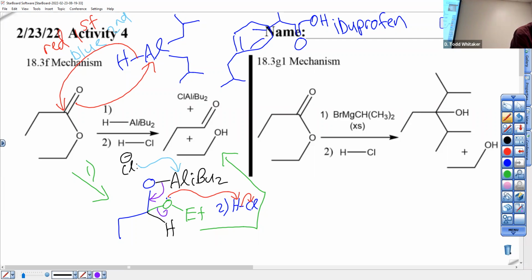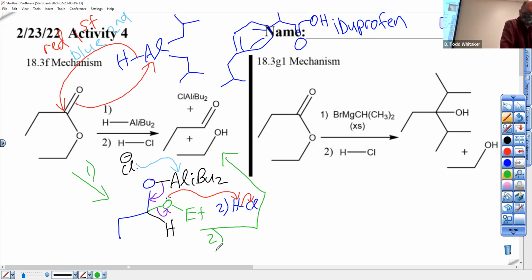Leaving group leaves. Pi generates. Everything done. That's step 2. 3 steps in step 2. We're really making up for that mechanism where we didn't even use HCl, aren't we?